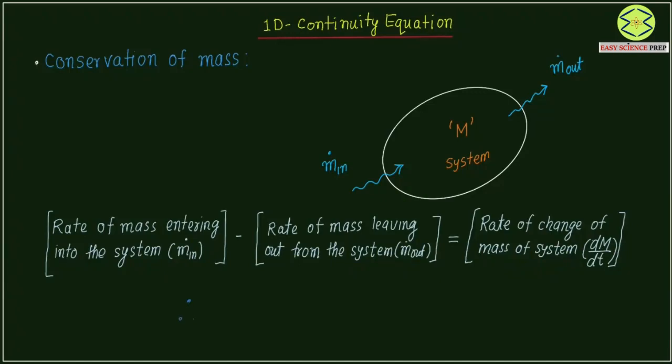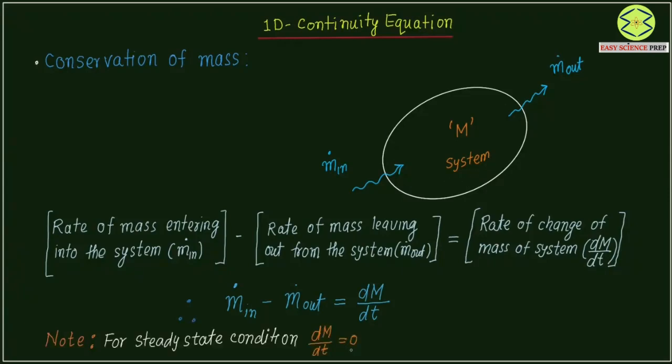Therefore we can write m dot in minus m dot out equals the rate of change of mass of the system with respect to time. Very important note: at a steady state condition, the mass of the system does not change with time. In that situation, dm by dt is going to be 0, that is, mass is not changing with time.